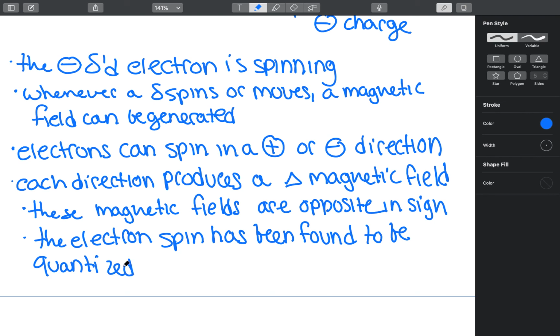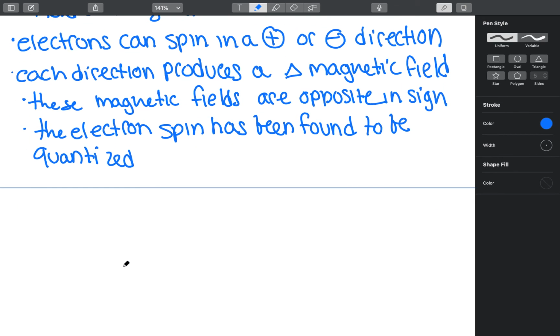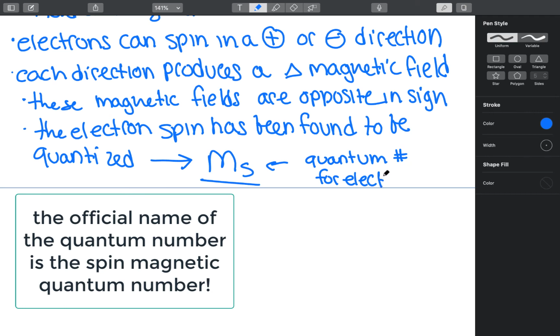And this quantization of electron spin has been given a quantum number, and this quantum number is ms. So ms is the quantum number for electron spin.